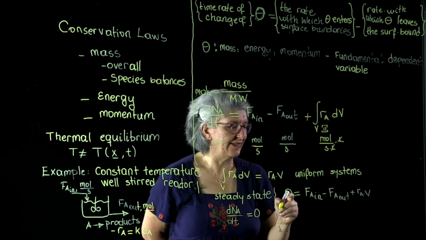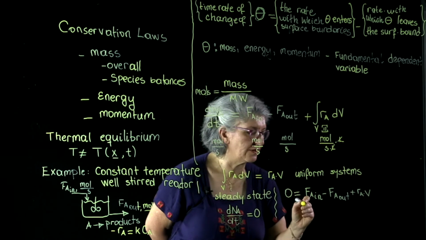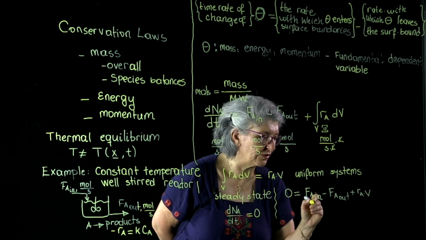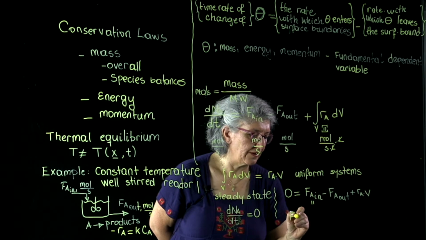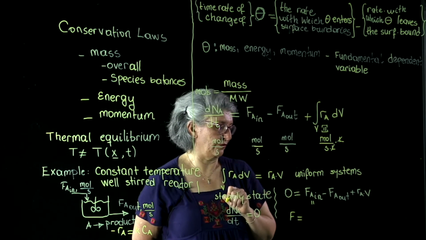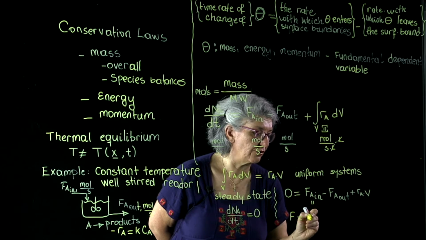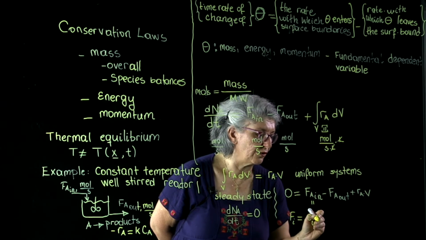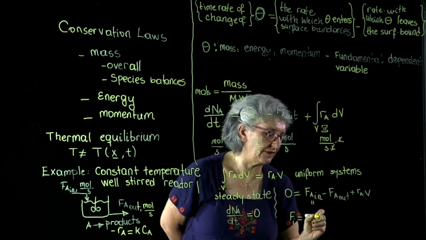And before I rearrange this equation, I will convert the flow terms to terms in terms of concentrations of the species i and the volumetric flow rate of the stream.